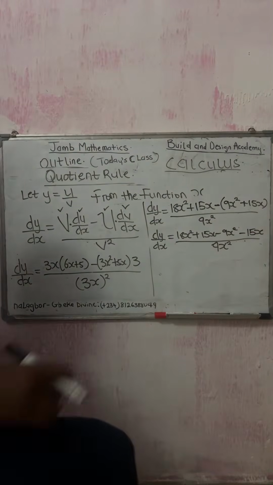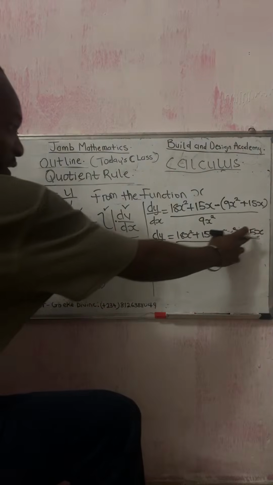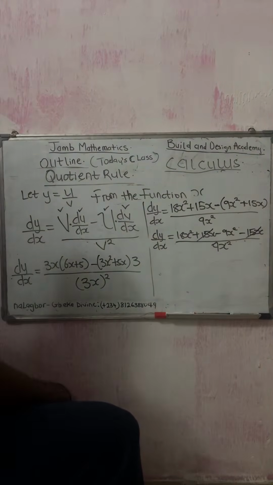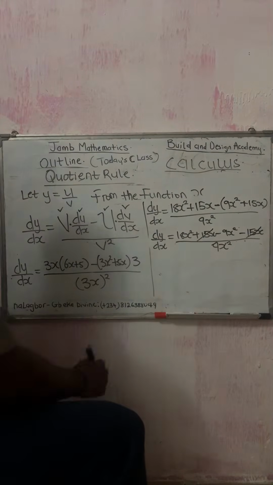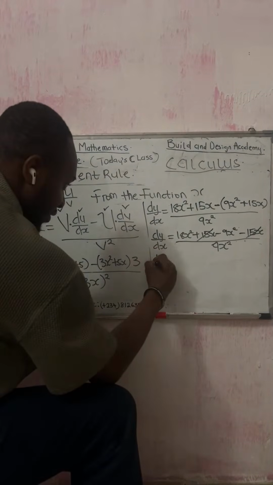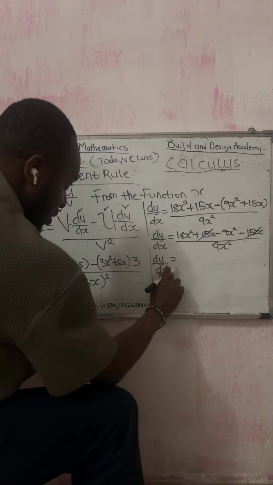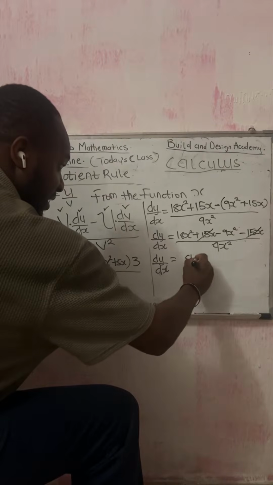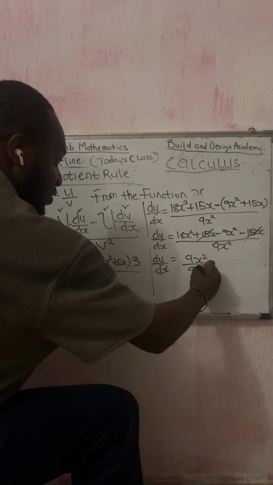So now we'll take like terms. 15x and minus 15x will cancel out. We'll now be left with 18x squared minus 9x squared. 18x squared minus 9x squared leaves 9x squared, all over 9x squared.